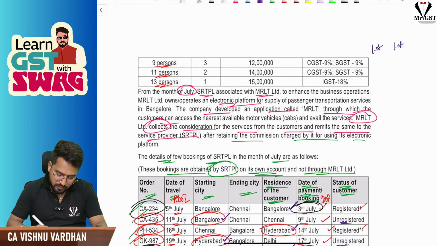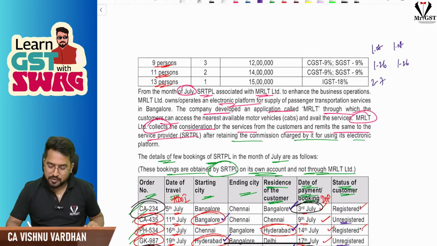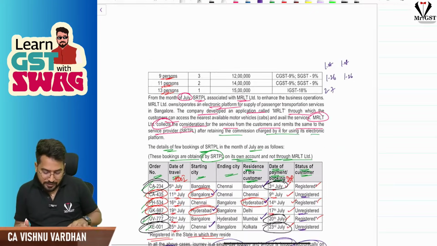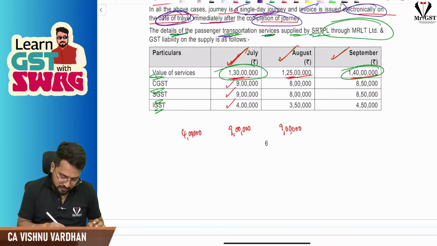On 14 lakh they have got 1.26 lakh, 1.26 lakh. Now 18 fifteens, 1.8, and 2.7 lakhs. So this is the ITC amount. Total IGST ITC is 2 lakh 70,000.